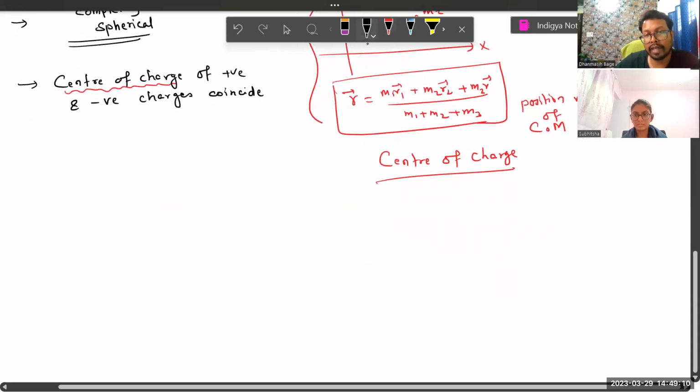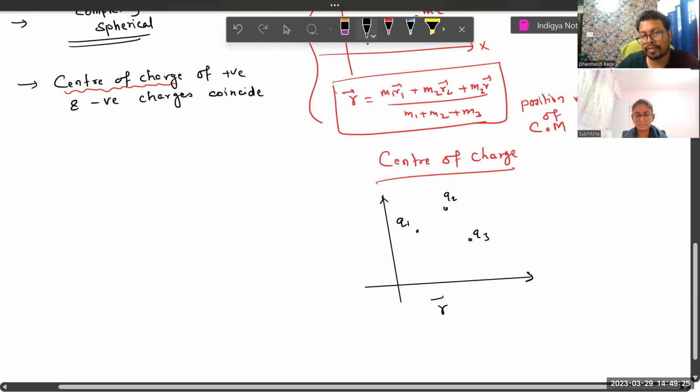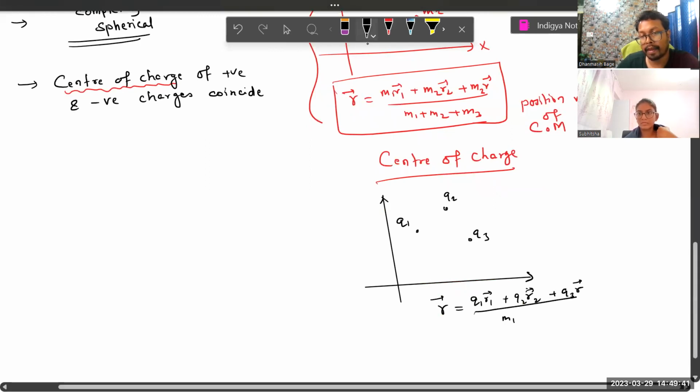Just like this thing, suppose we have Q1, Q2, Q3, then center of charge will be defined as, in this case, instead of M1, you will use Q1 r1 vector plus Q2 r2 vector plus Q3 r3 vector divided by Q1 plus Q2 plus Q3.